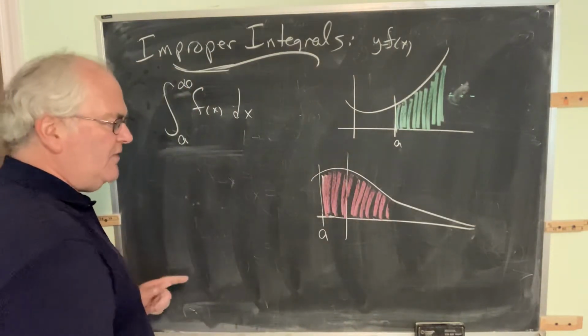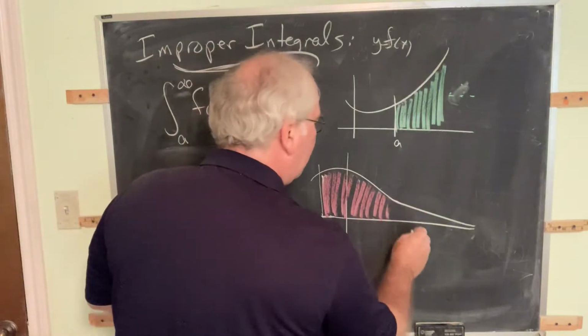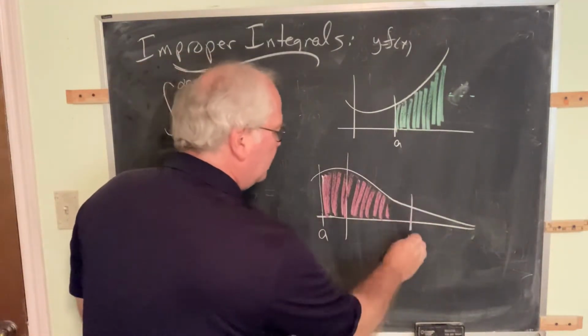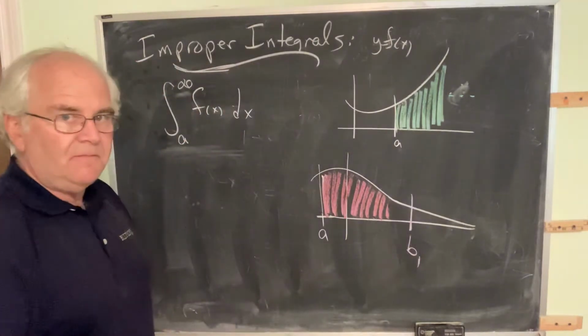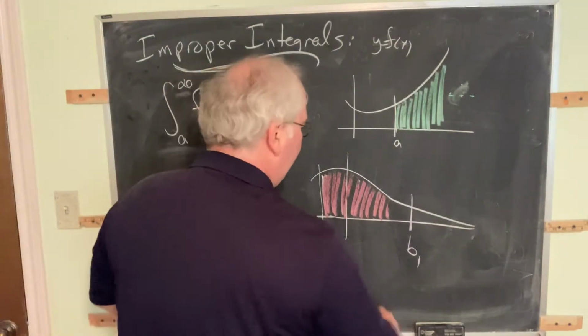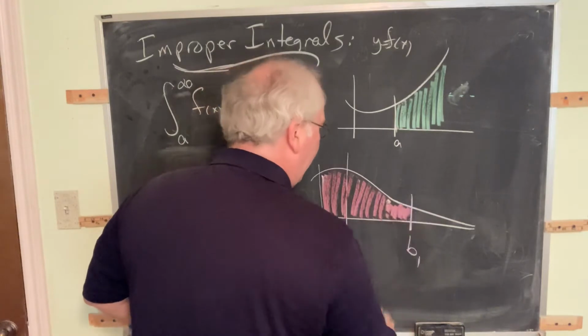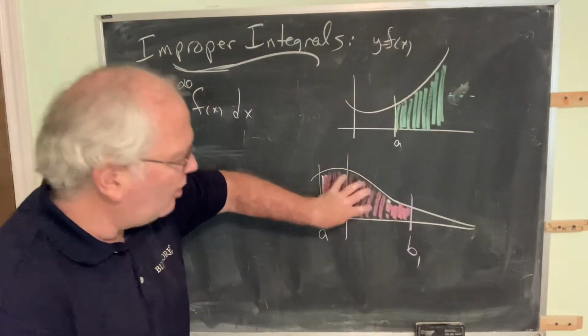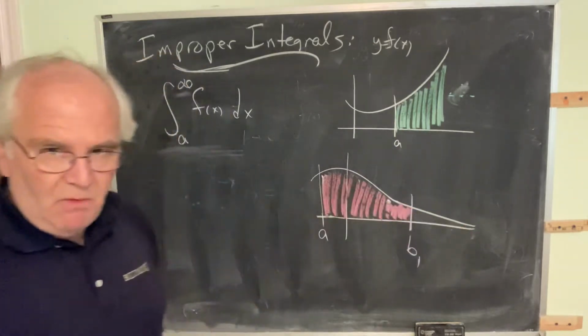Here's a way to think of it. Suppose I pick a value. I'm going to pick a number out of the blue, here, and call that B number 1. And we accumulate the area between A and B number 1. Is it clear that area is an approximation of the total area we want to find?